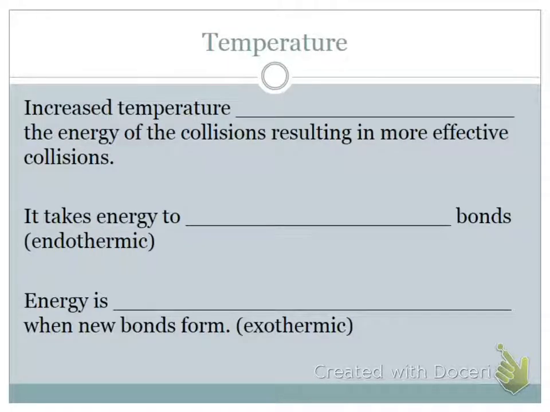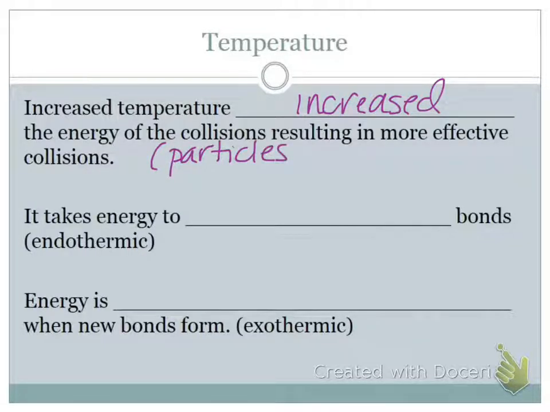Temperature also affects the rate. If I increase the temperature, I increase the energy of the collisions, because I am increasing the speed of the particles. And when I increase the speed of the particles, remember we talked about that, kinetic energy is directly related to temperature. So if I increase the temperature, I'm increasing the kinetic energy.